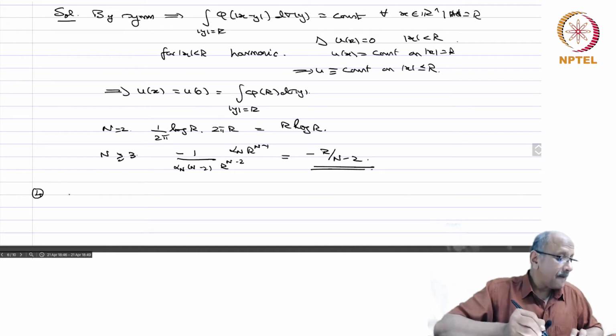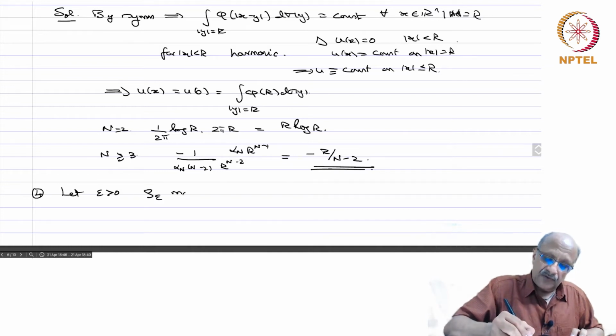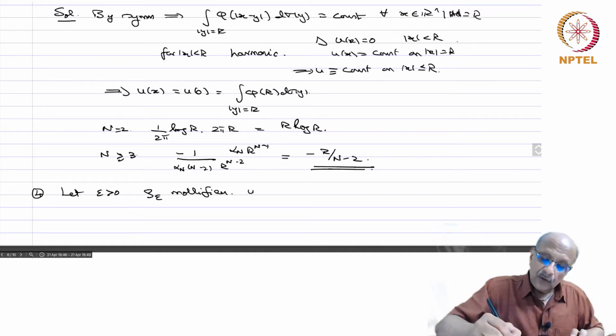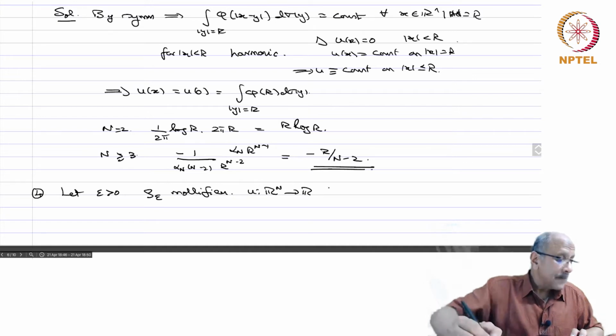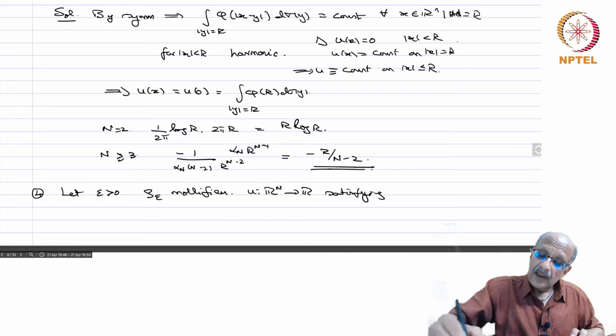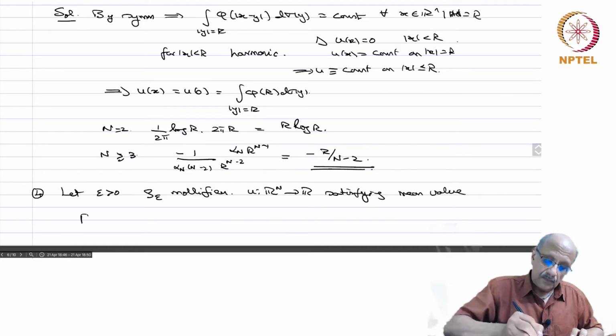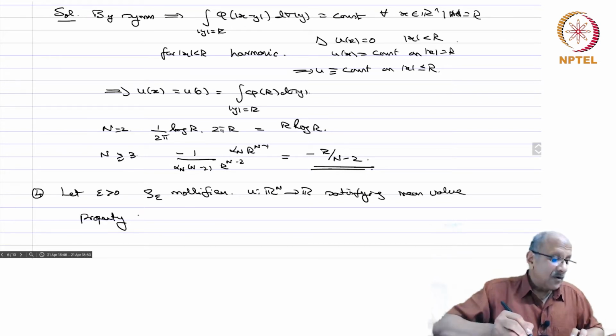4. Let epsilon be greater than 0, rho epsilon a mollifier, and u from Rn to R satisfying the mean value property, that is, it is harmonic, for every x in Rn.